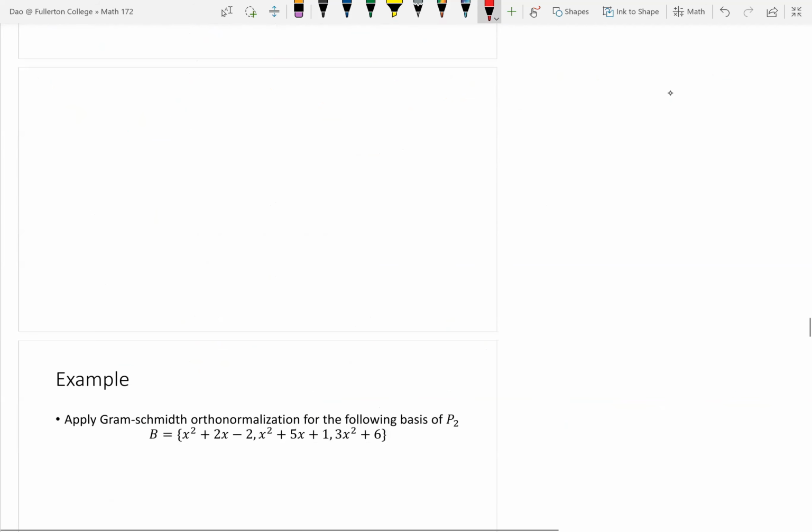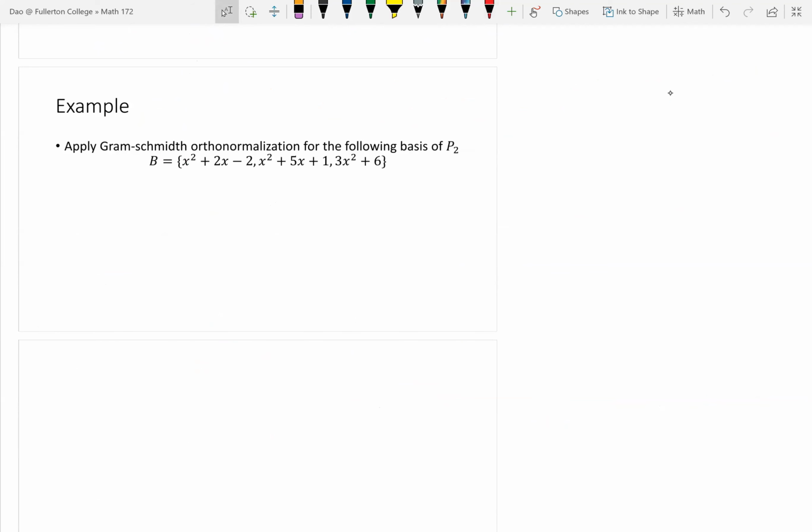Okay, so the next example will be very much similar to this. But now we have 3 of those, and we're in P2, so we look for 3 of those. So W1 equals V1, which equals x squared plus 2x minus 2. And then W2 equals V2 minus the inner product of V2 and W1 divided by the inner product of W1 and W1, times W1.